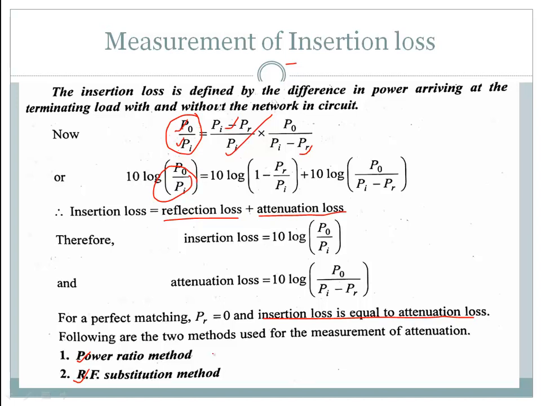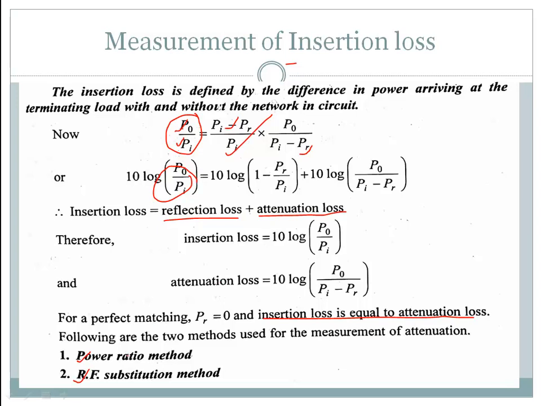In the case of power ratio method, as we have discussed, we set up a bench with and without the network, and we take the reading of the power coming with and without the network. By taking the ratio of these two powers we are able to directly calculate the attenuation loss.